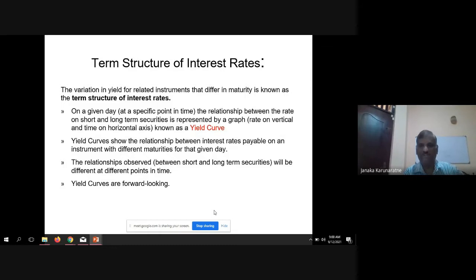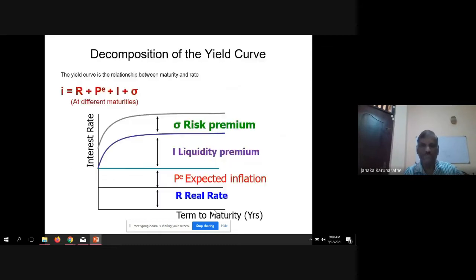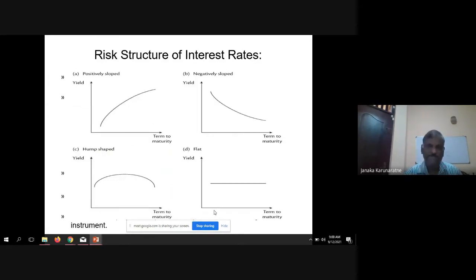And term structure of interest rate and so on. And also the composition of the yield curve, the interest rate's different components, and mainly the different structures of the yield curve, such as positively sloped, negatively sloped, humped, flat yield curve, and so on.